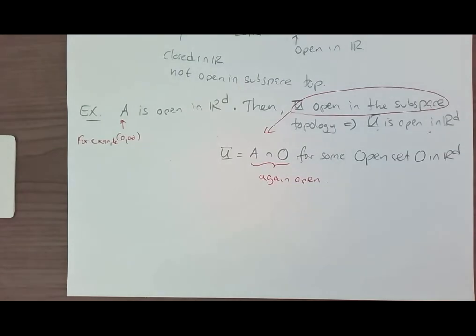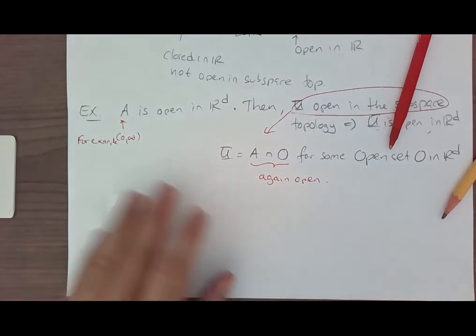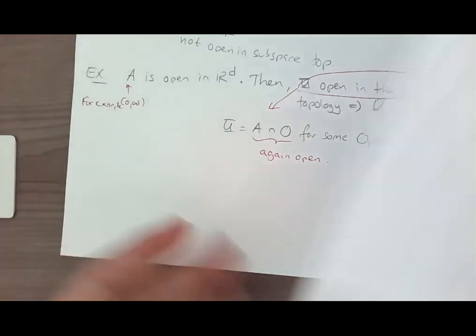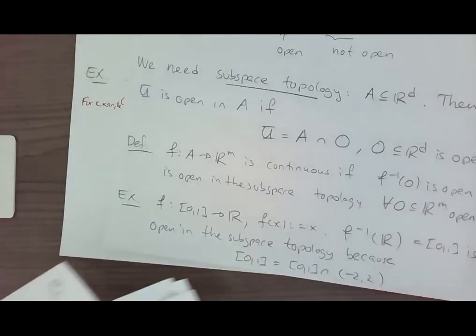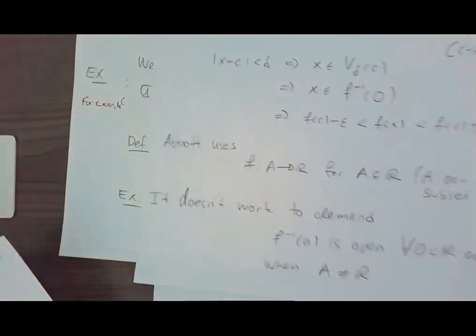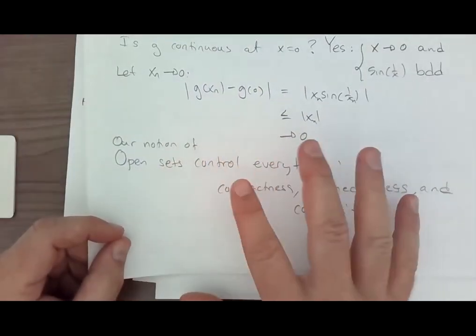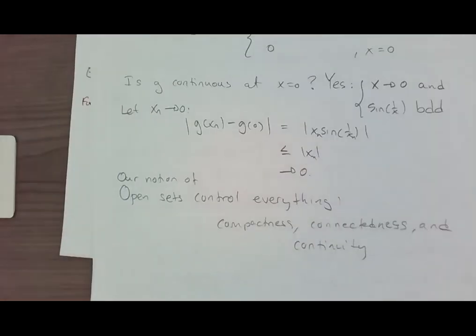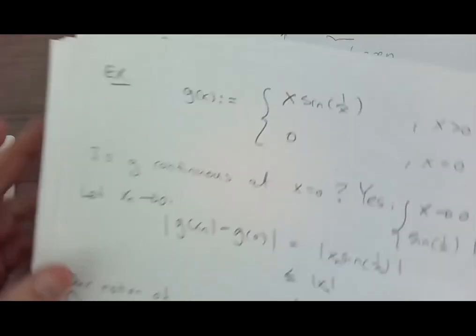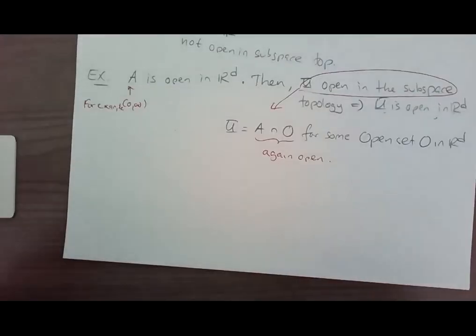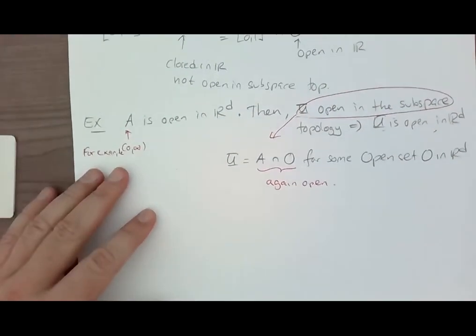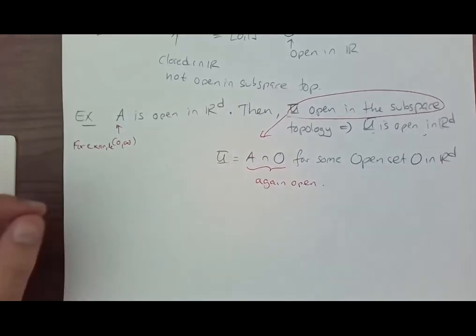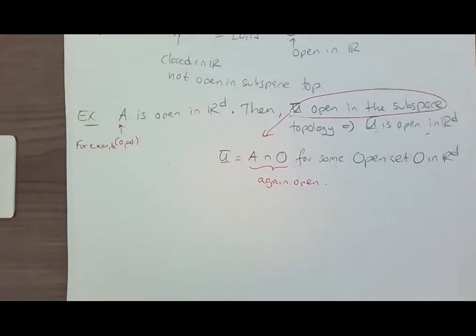More questions? The last part I want to do is a bit beyond what we would normally do in a class like this, but I really do think that open sets control everything, and we have to get this point across. I think it was Aya who raised the point: what happens if I switch the topology on R around? We're not talking about subspace topology. What happens if I change it?